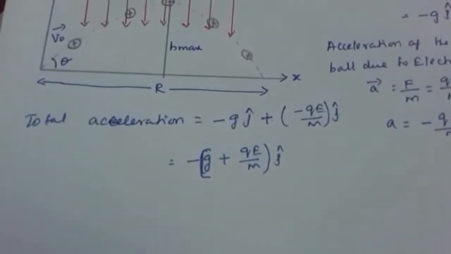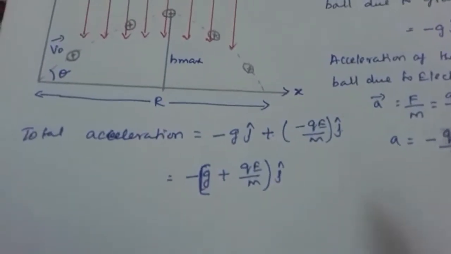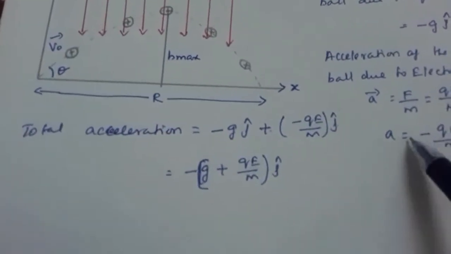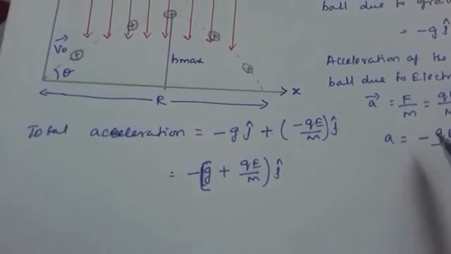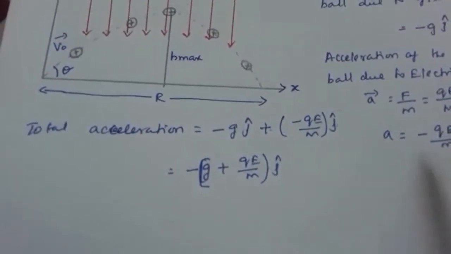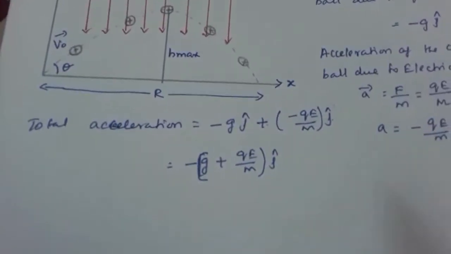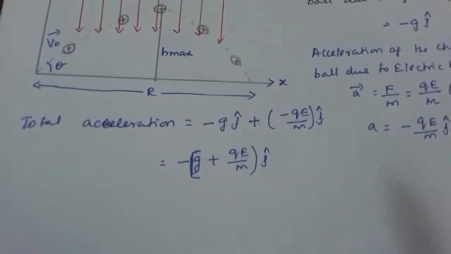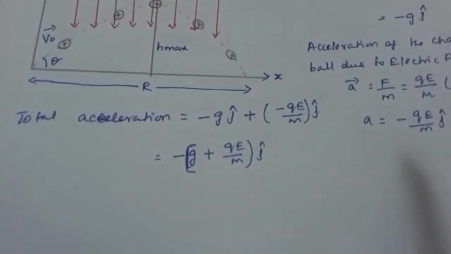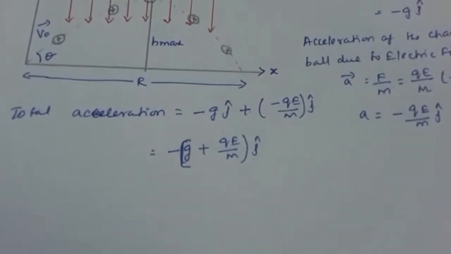Now, here you have to note that the acceleration depends upon the mass of the object. According to Galileo, all the objects should fall at the same rate towards the earth. This is true only in a uniform gravitational field.